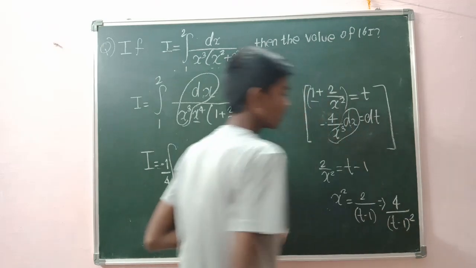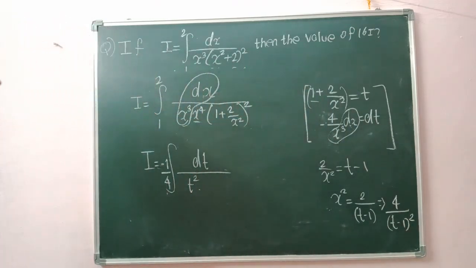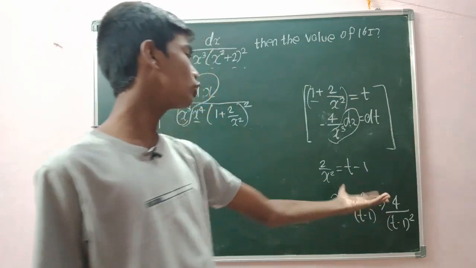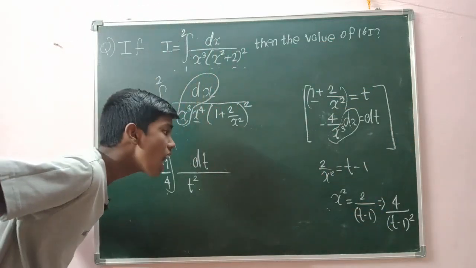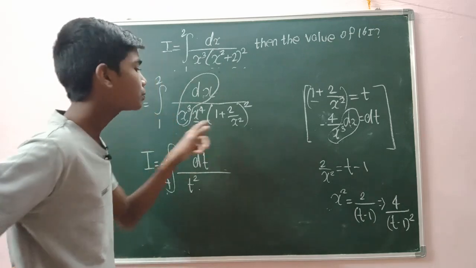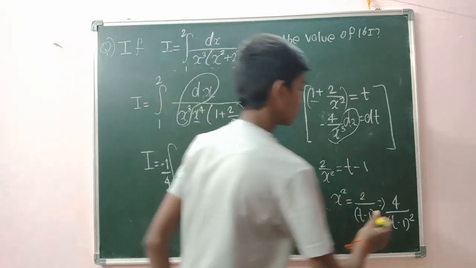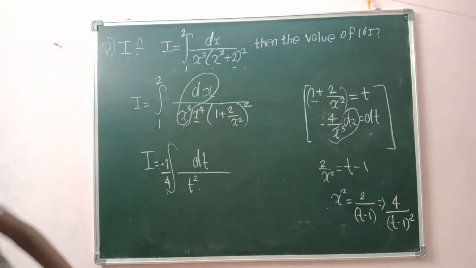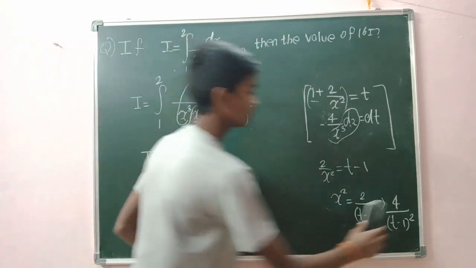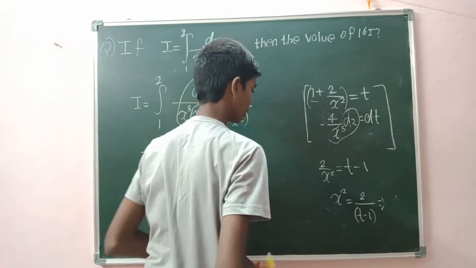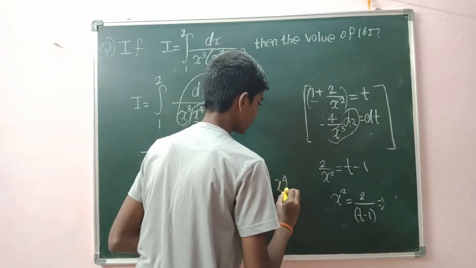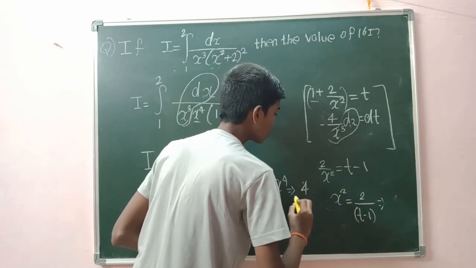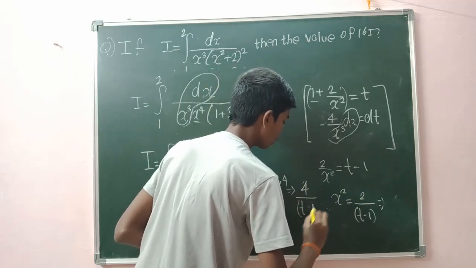Correct now? Correct or not? Think carefully and say, we know that your 1 plus 2 by x square is equal to t. Therefore, x square will be 2 by t minus 1. And from that, I will get that your x power 4 will be nothing but, take square on both sides of the equation, 2 square by t minus 1 the whole square.